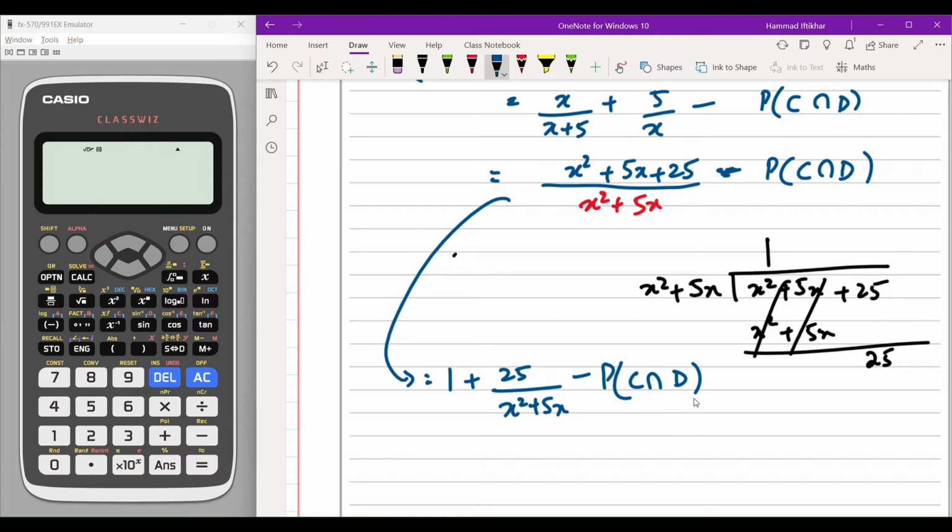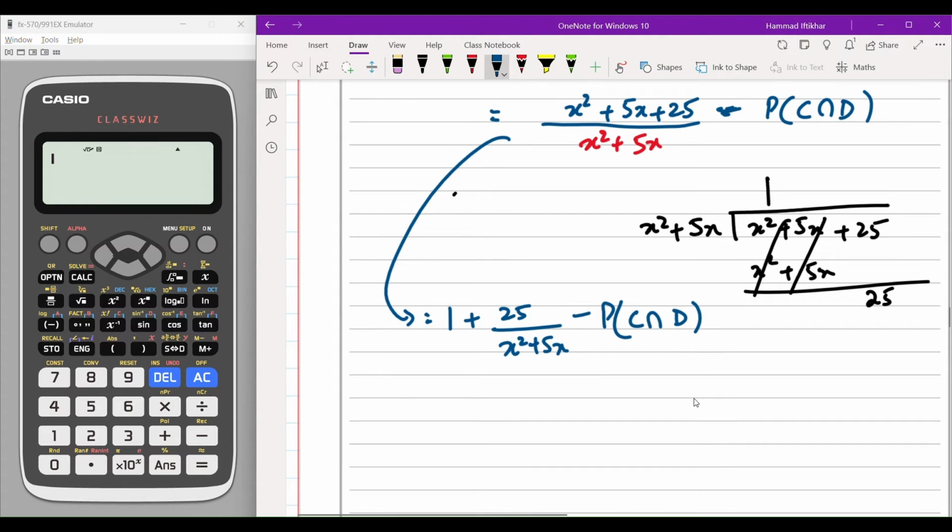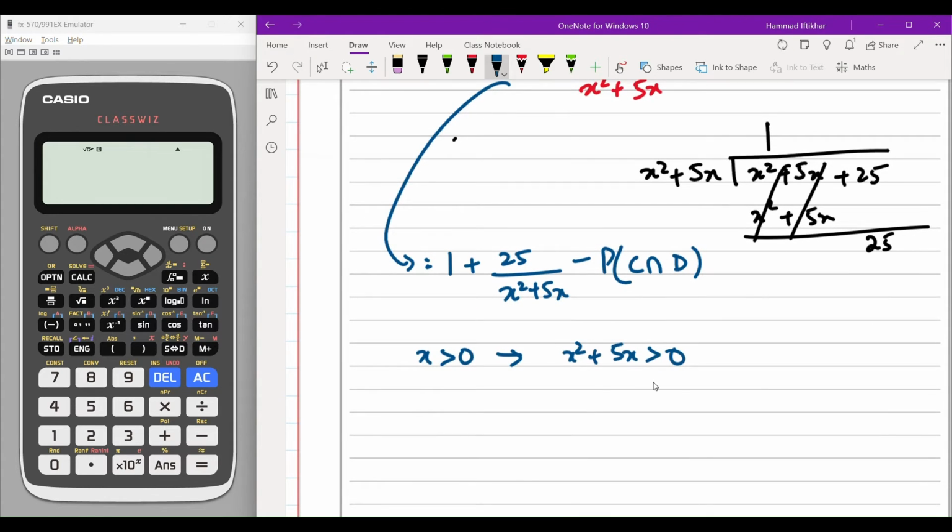Okay, so if x is a positive constant, therefore this means that x squared plus 5x is a positive constant, right? So therefore this further means that 25 over x squared plus 5x will also be greater than 0.